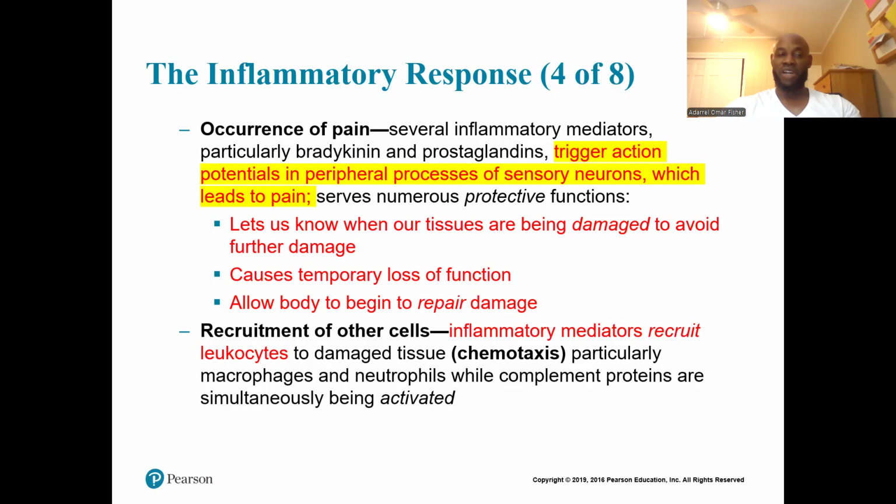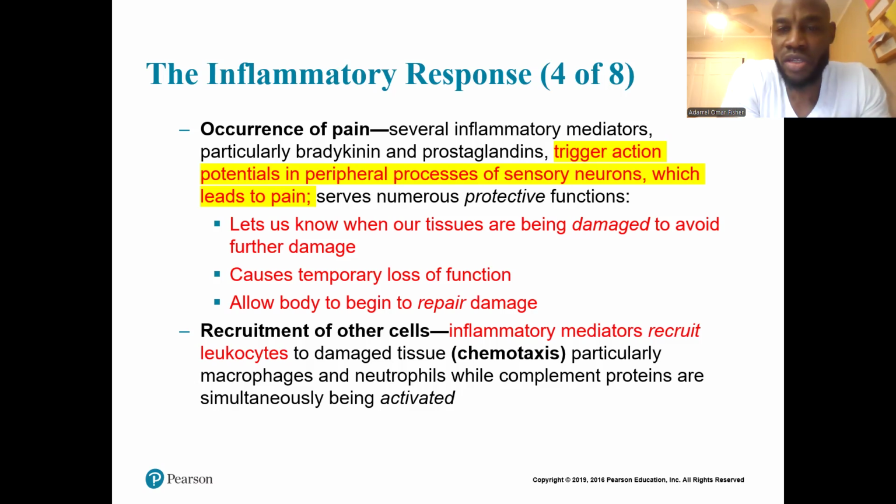What about pain? We have redness, we have heat, we have swelling. But what about pain? Why do we have pain when there's an inflammatory response? Several inflammatory mediators trigger action potentials. They let us know when our tissues are being damaged to avoid further damage.